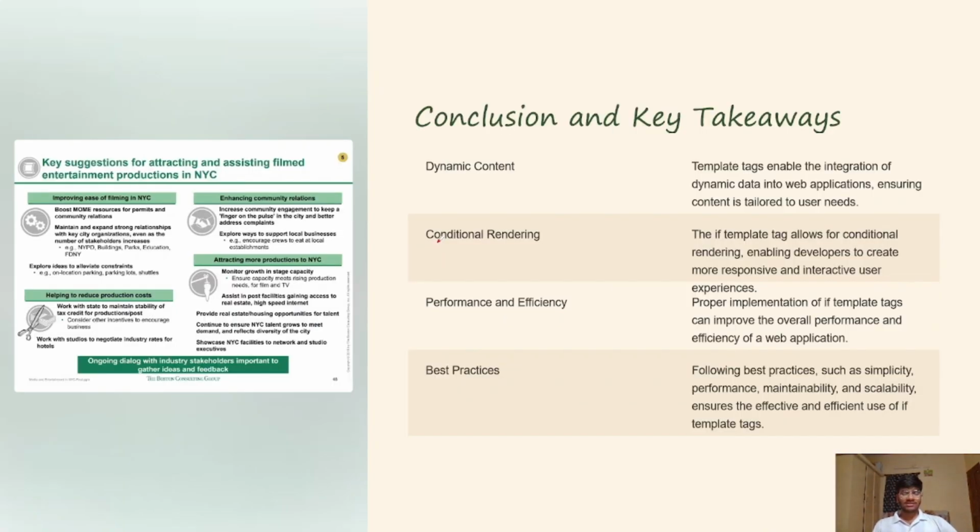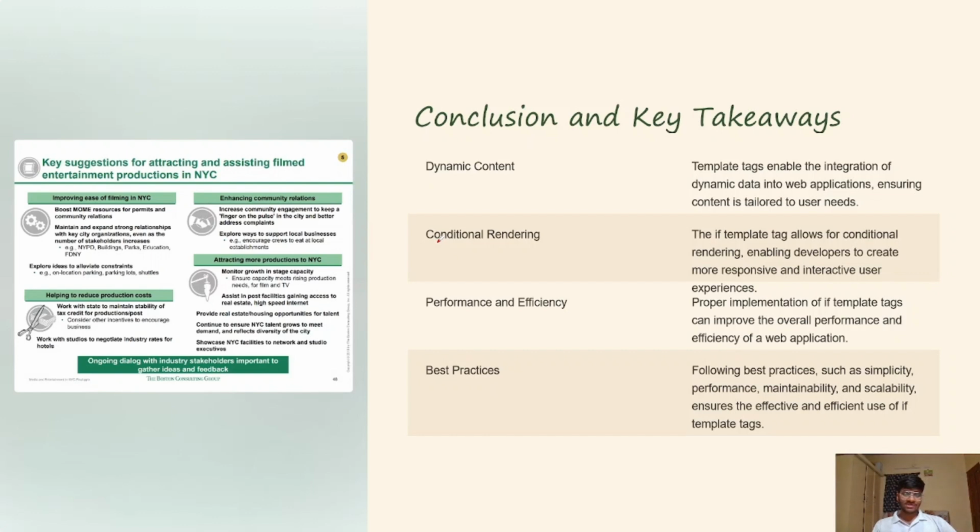Then the summary or key takeaways from the whole thing. The dynamic content: template tags enable the integration of dynamic data into web applications, ensuring content is tailored to user needs. The conditional rendering: the if tag allows for conditional rendering, enabling developers to create more responsive and interactive user experiences.